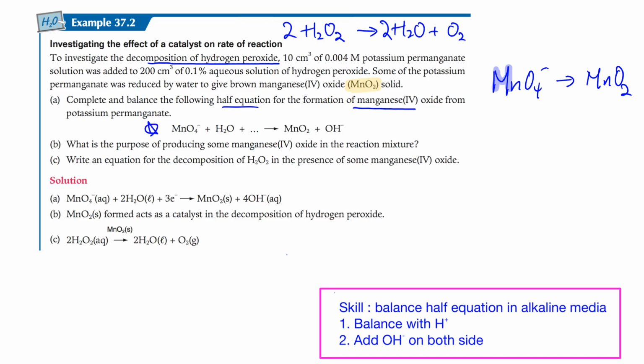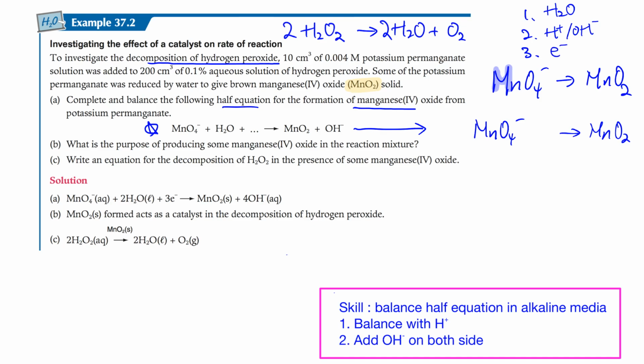But if you can't balance the equation, we can also use the skills that we've learned long ago. When we have MnO4 minus going to MnO2, we can make use of three things to help us balance the half equation. That will be H2O, H plus, OH minus, or electrons.